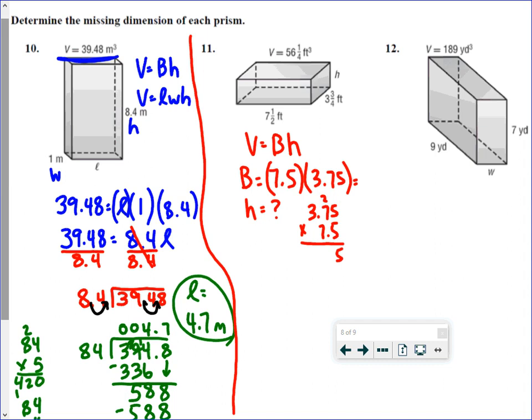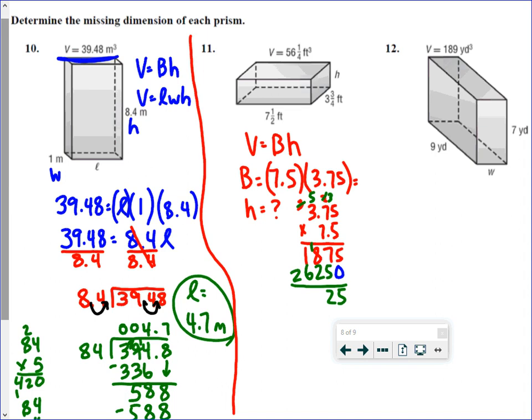Now we just do a multiplication. 7 times 5 is 35, 3, 15, plus 3 is 18. Put our place value holder. 7 times 7 is 49, plus 3 is 52. 7 times 3 is 21, plus 5 is 26. 7 plus 5 is 12.